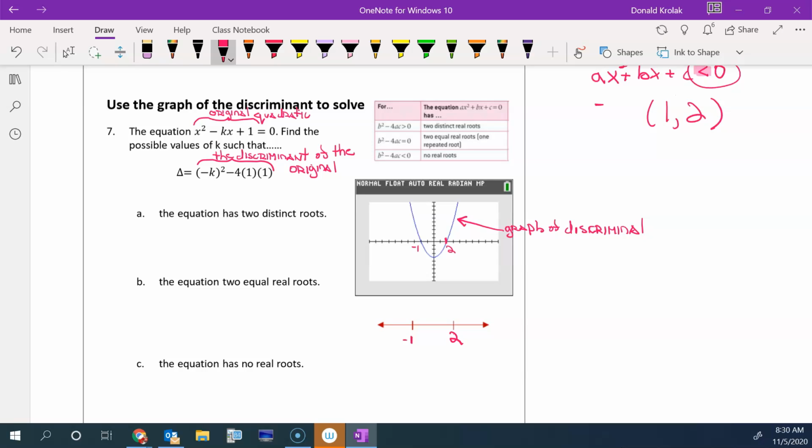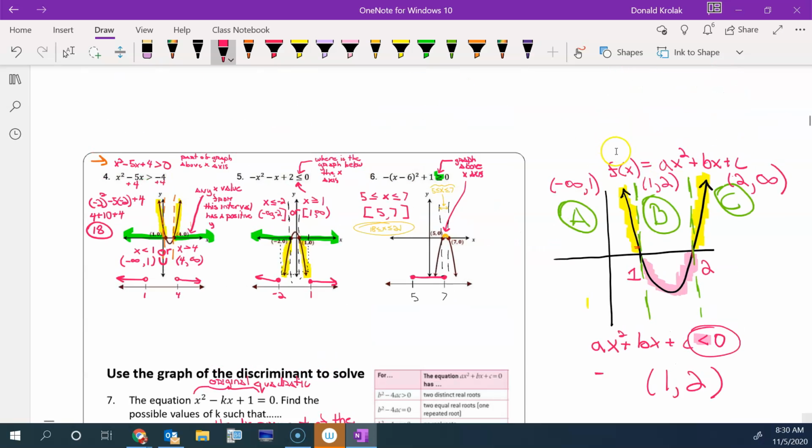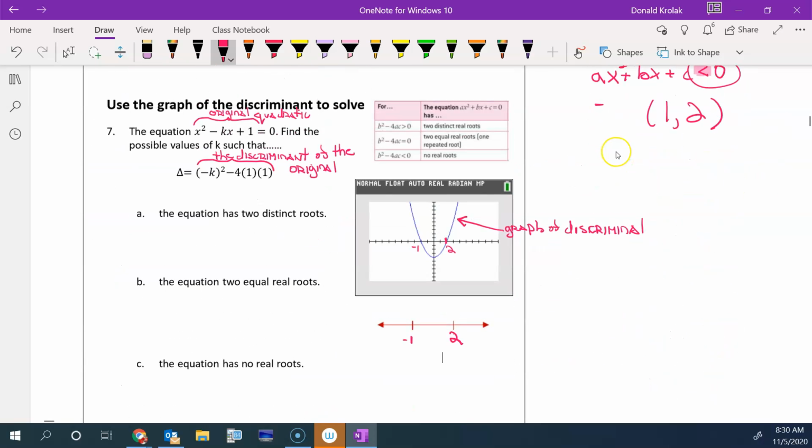Here's where this is a little different from what we did before. Since this is the discriminant, this graph is getting divided into 3 intervals. One interval goes from negative infinity to -1 on the x-axis.